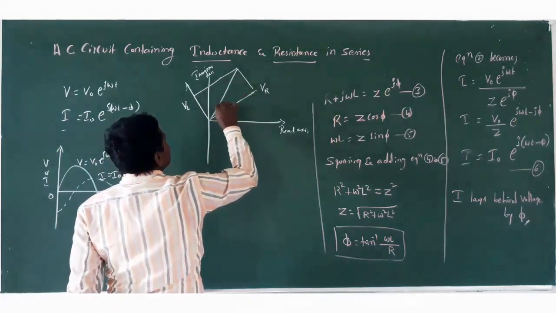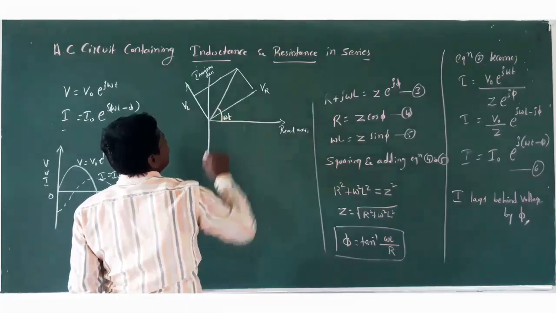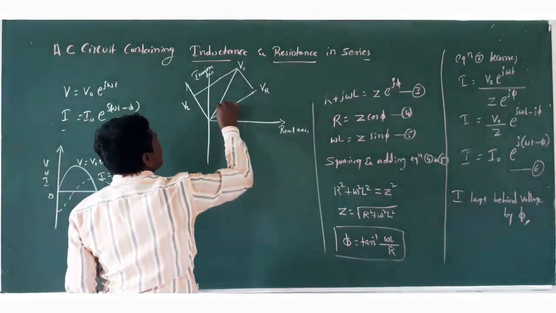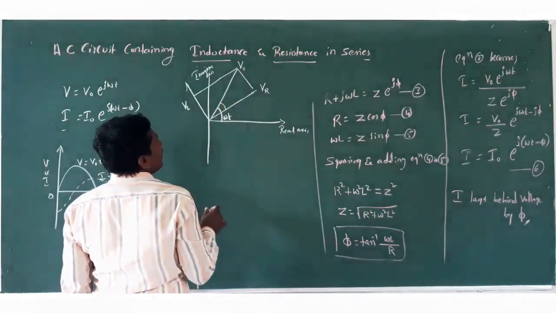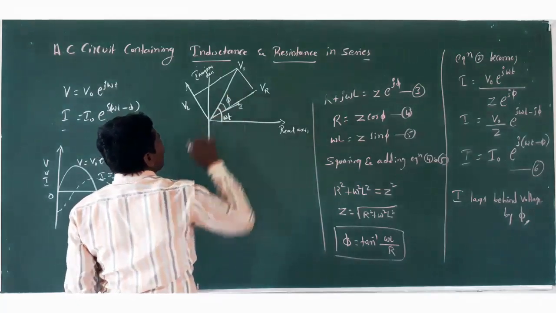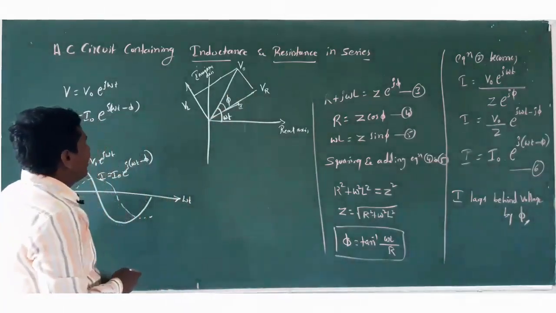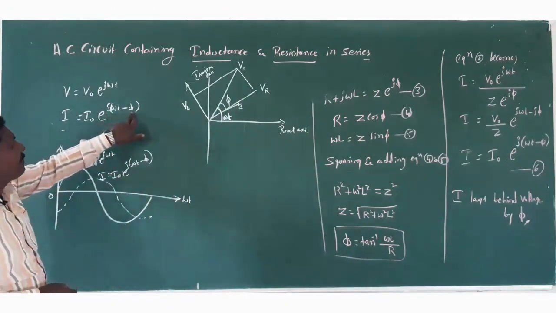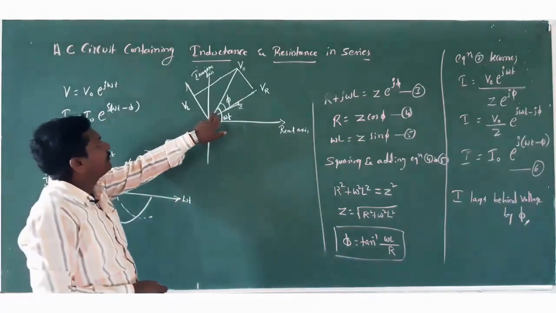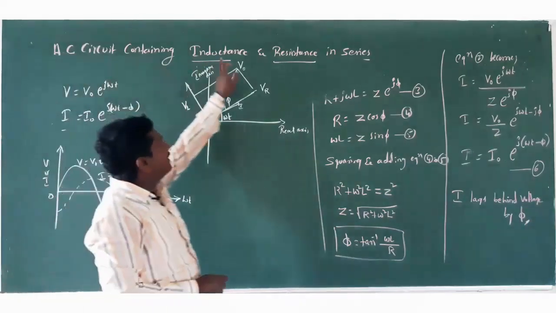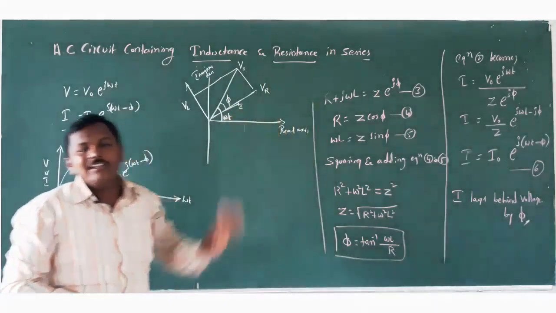So this is omega t, and the angle between the peak value of voltage, the V naught value, and the current can be represented by pi. Therefore we are going to observe there is a phase difference angle omega t minus pi, and this is the phasor diagram for a circuit containing inductance and resistance in series.